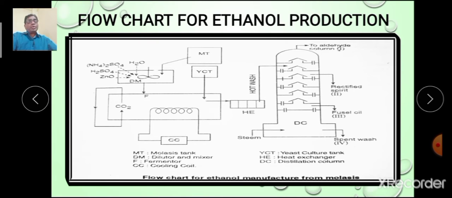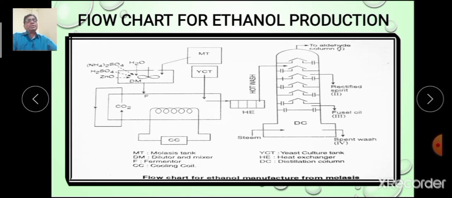The molasses, which is obtained by separation of sugar crystals, contains 40 to 50% of sucrose. That much percentage of sucrose is harmful to yeast in converting the sugars into ethanol, and therefore the molasses containing a high percentage of sucrose is first diluted by adding water.